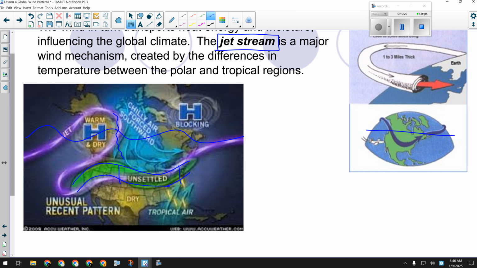kind of a big summary here, is it helps to move moisture-laden air masses and transport latent heat. That energy stored in water vapor.